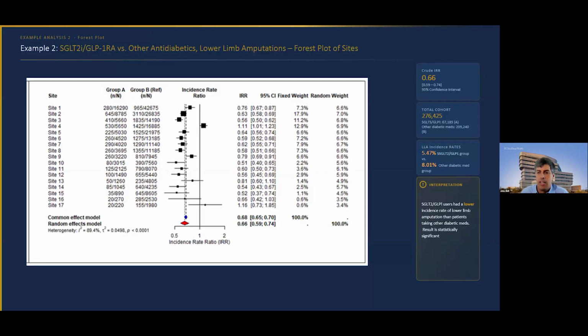While we did have one site, site 4, that showed the opposite answer, the vast majority of the sites were right around the answer that we were getting. So it wasn't one site in particular that was driving all of the data for this question. I think this is also helpful because clinicians are able to look at the data and feel more confident in the data that we're giving them.